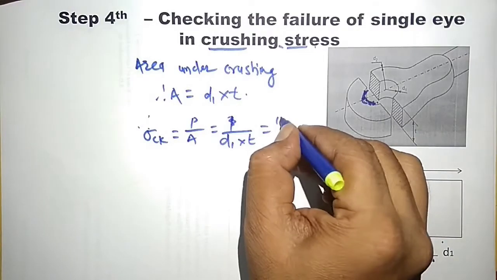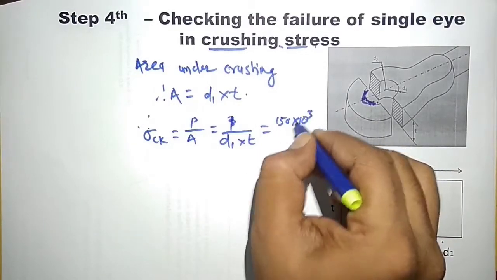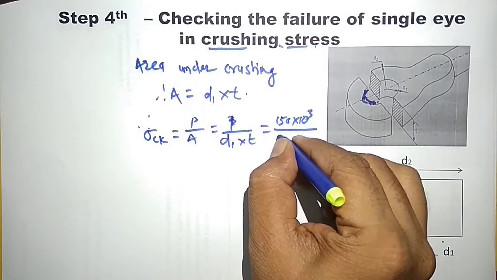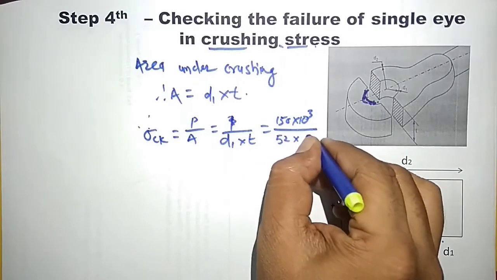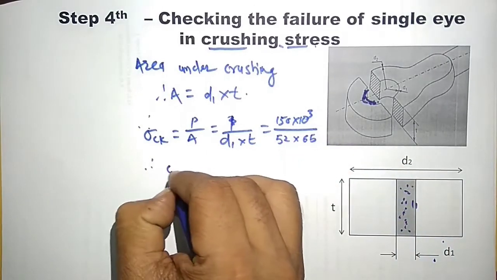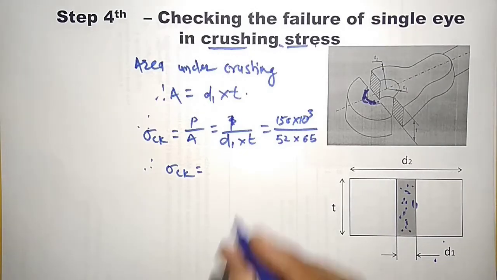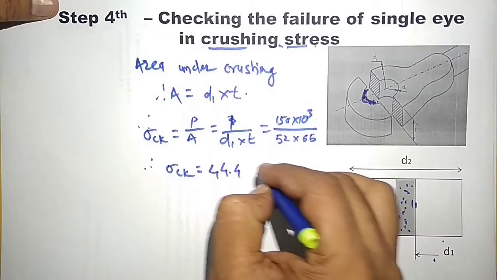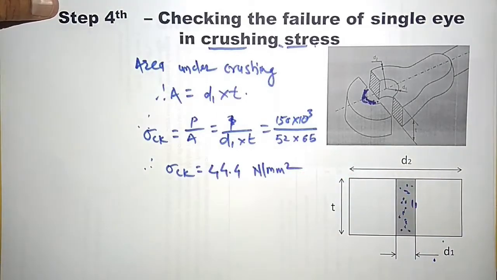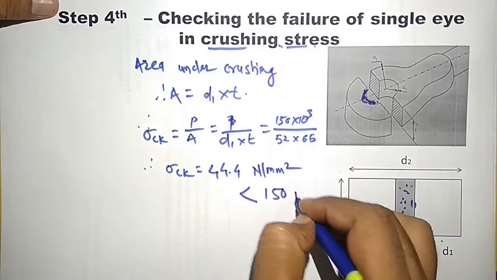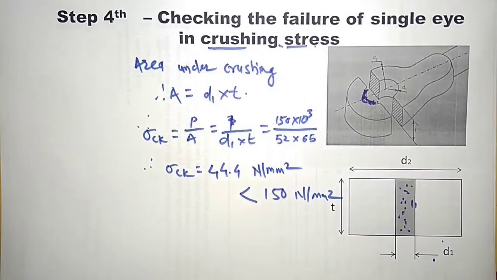Put the values: 150 into 10 raised to power 3 divided by d1, which is 52, into t, which is 65. Therefore sigma ck becomes 44.4 Newton per mm square, which is also less than 150 Newton per mm square.